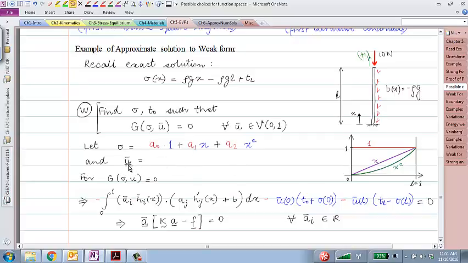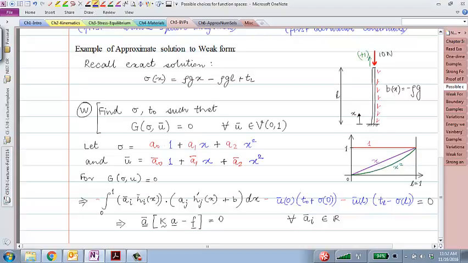So that was the approximate solution for sigma. Similarly, we need to make some approximation for u bar. And for u bar, I will again say that it is some a0 bar times the same function 1, plus a1 bar, some coefficient, times a known function x, plus a2 bar times a known function x squared.